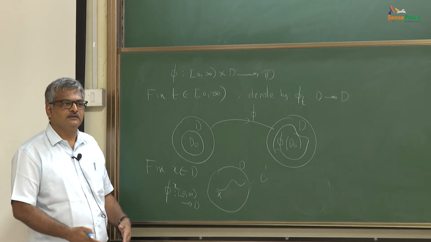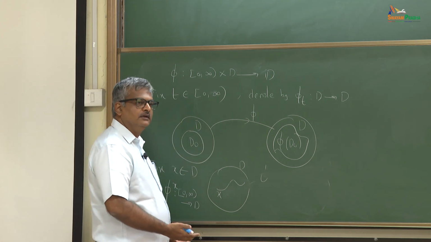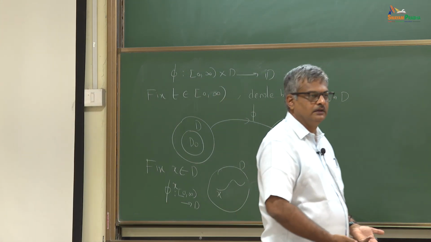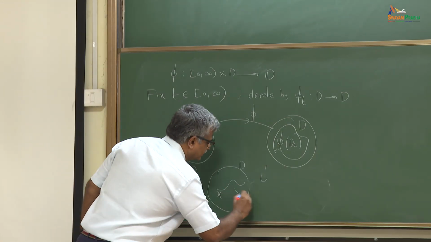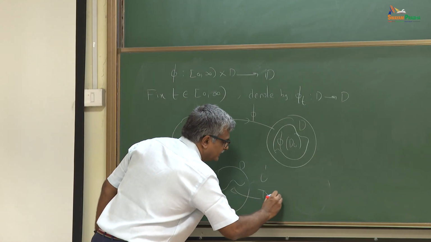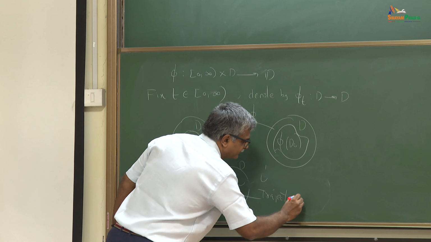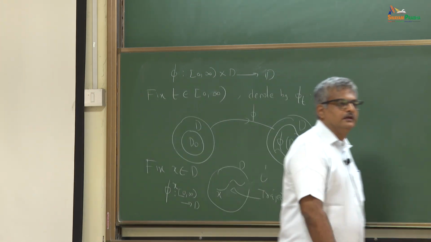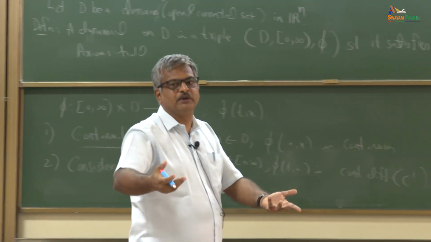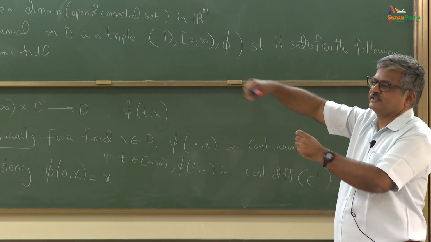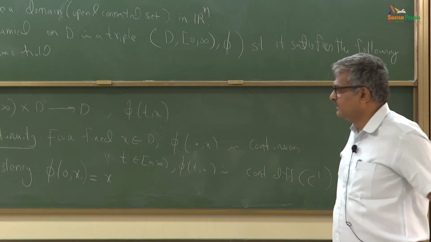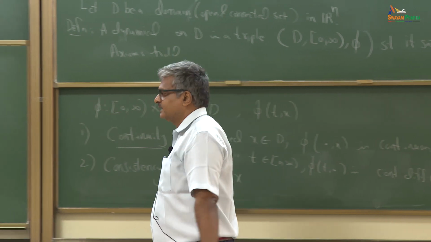What does that remind you of? It's a trajectory or a solution, that you are familiar with. So this is nothing but a trajectory, right? Because trajectory means time comes into the picture. You're seeing the evolution of that point as a function of time t. So that is nothing but the trajectory of the system.